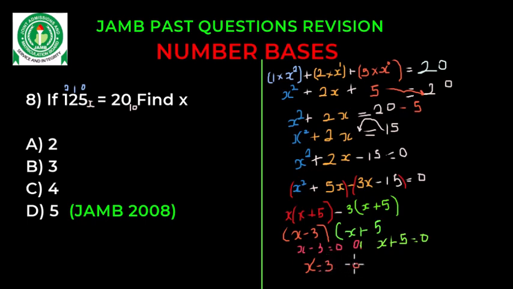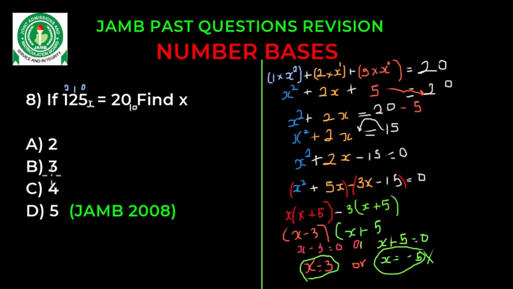Or x will be equal to, when plus 5 crosses the sign of equality, negative 5. But our base cannot be negative. So we are going to ignore negative 5, and we are going to pick the positive 3 that we have here. So let's come to our options.